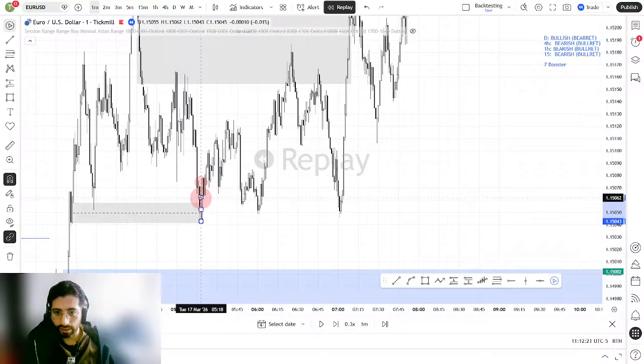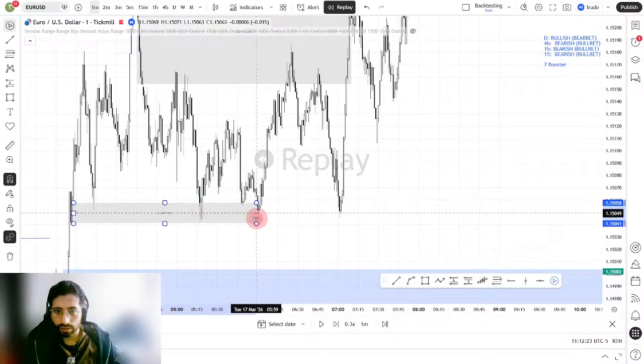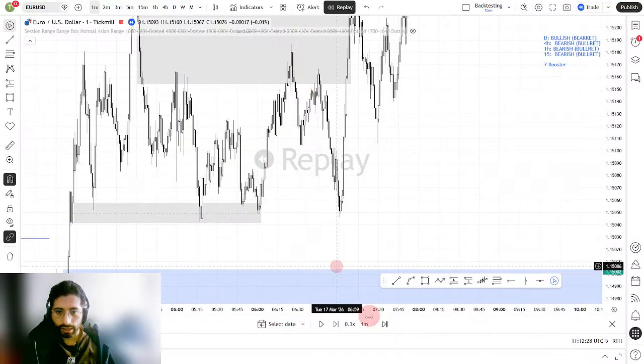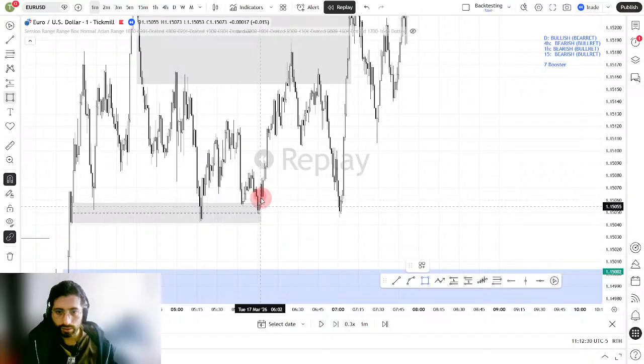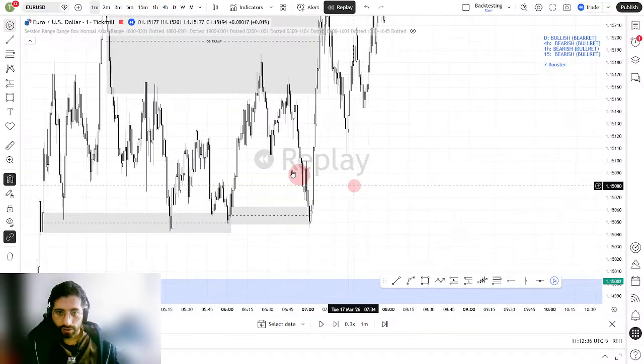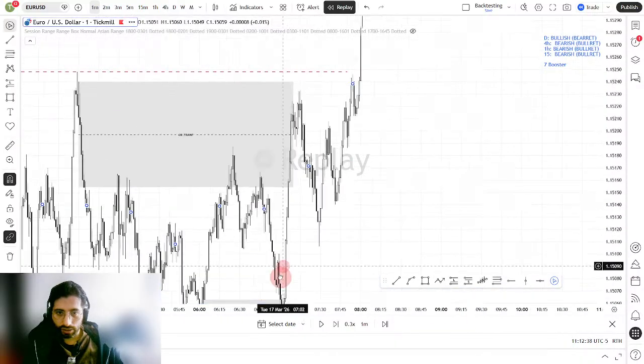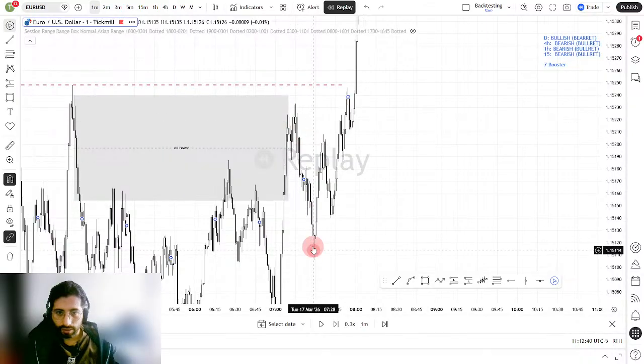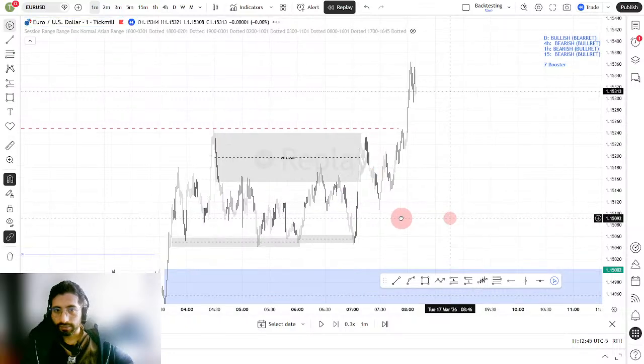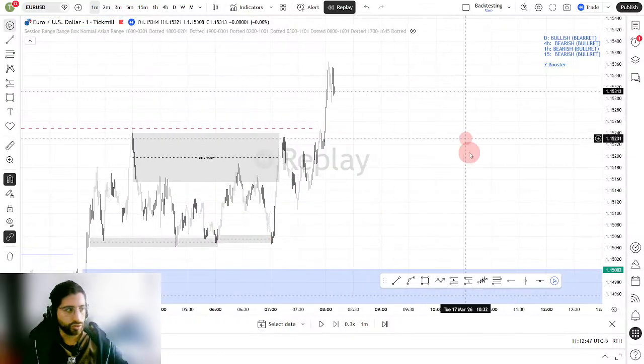That's why I didn't consider it an opportunity. This is the range beginning, and then it entered here, and it came back to the range beginning order block right here, and that's why the price got such a reaction going up, and then continued with the impulse. That's the reason the price continued with this.